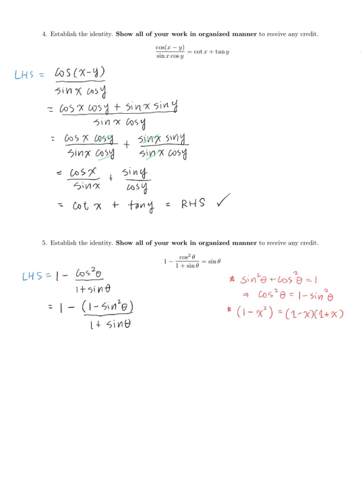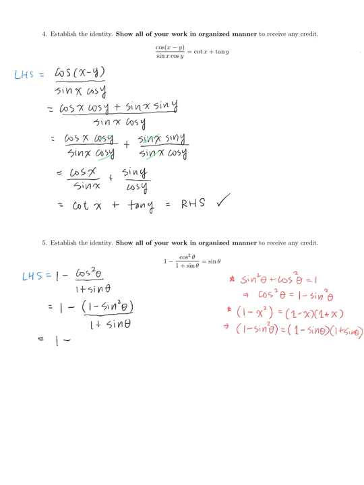But anyway, so that implies that we have 1 minus sine square of theta. Okay, so if I follow the formula above, then here you're going to have what? 1 minus sine of theta, and then 1 plus sine of theta. Okay, so let me just use that.